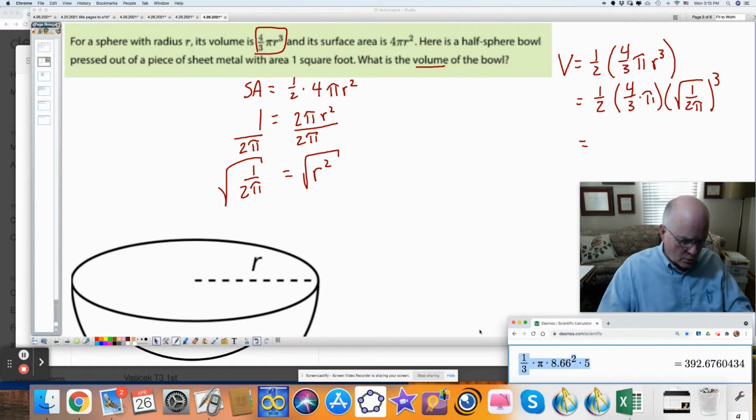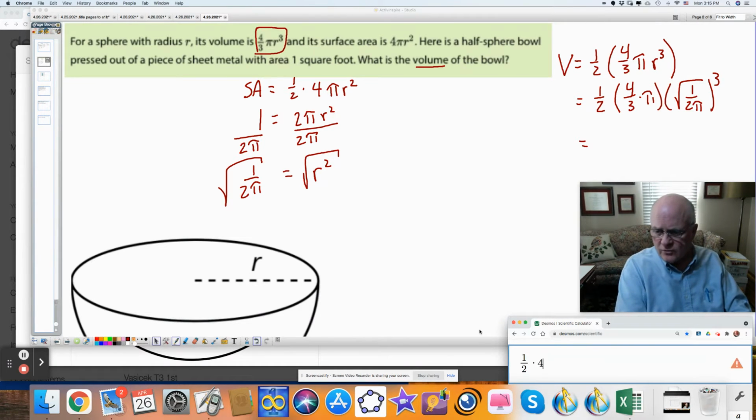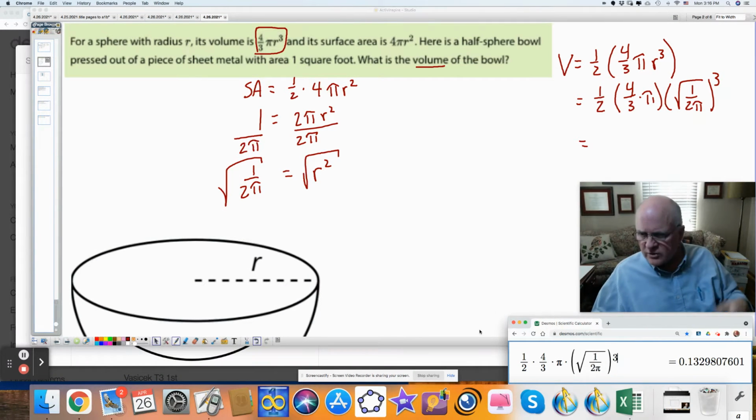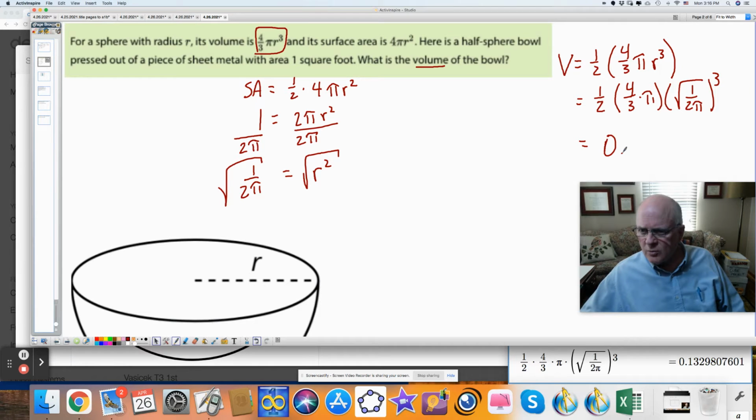I have 1/2 times 4/3 times pi times parentheses square root of 1 divided by 2 pi, close parentheses, cubed. And I get 0.133.